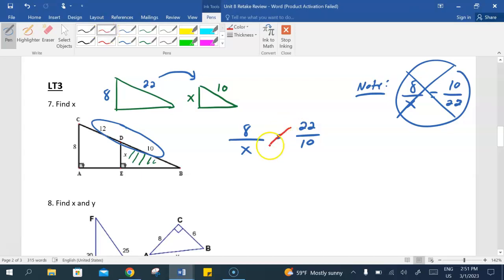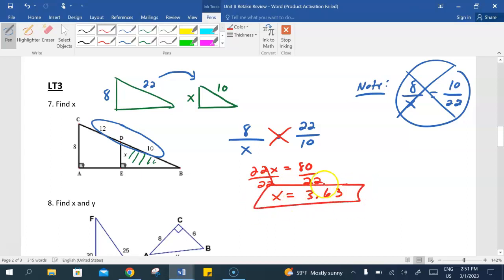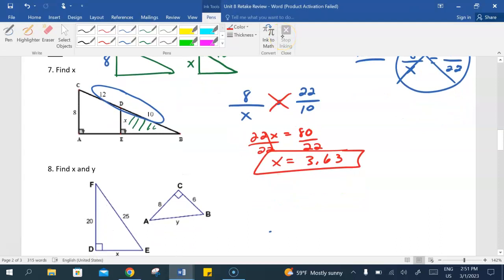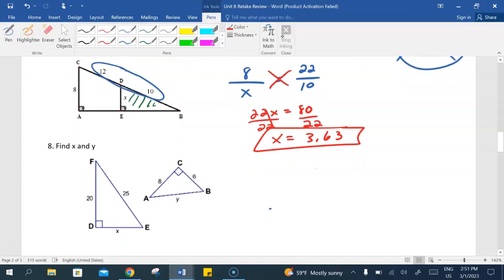Okay, now you're just cross multiplying. You get 22x is equal to 80. Divide both sides by 22. And x would be equal to 3.63. Okay, don't freak out if you see decimals here. Decimals are okay. Most of these will be decimals, and that's okay.